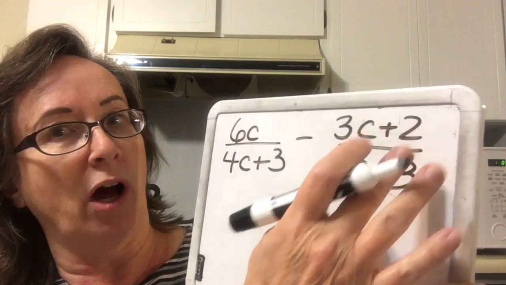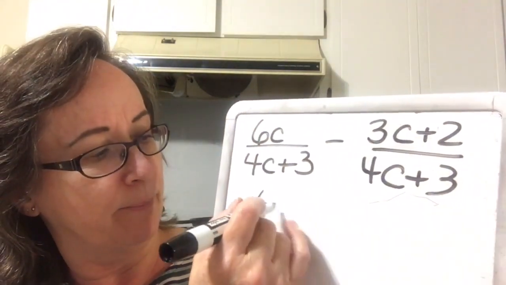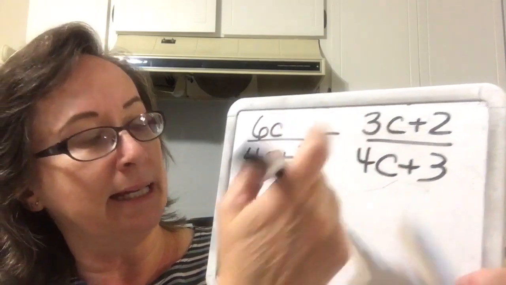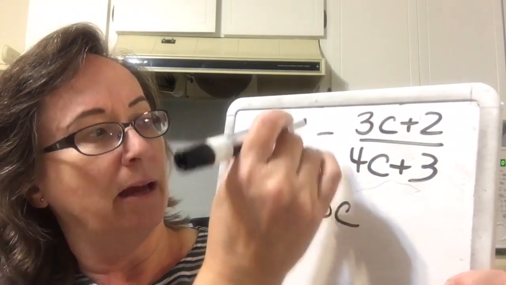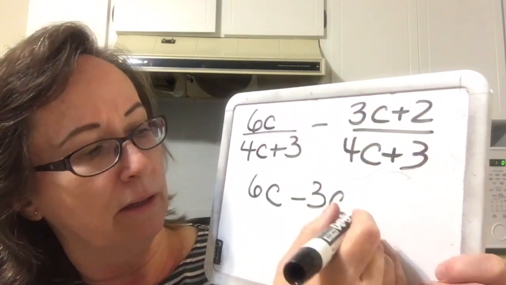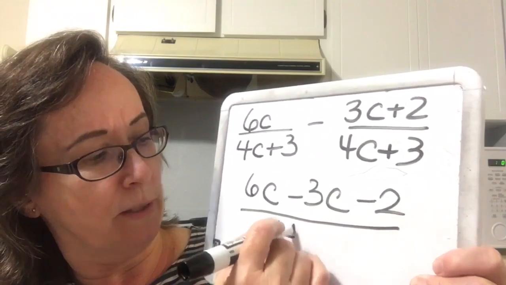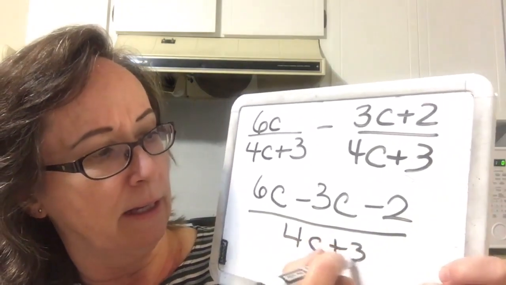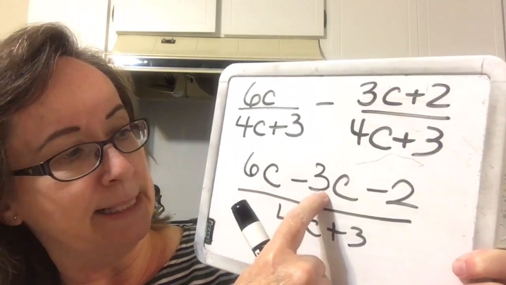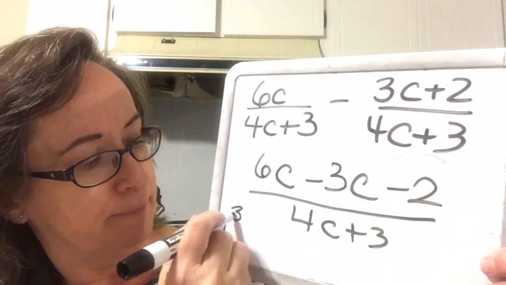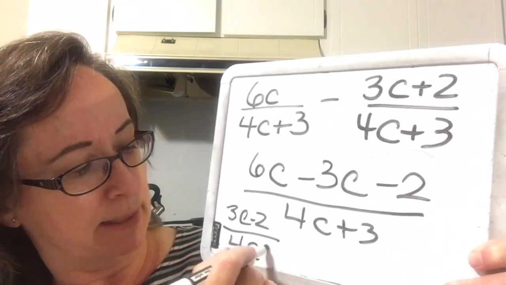So when I put all of that together with the minus sign, it's going to be 6C minus, that's a -1 times, so minus 3C minus 2 all over 4C plus 3. So that one would simplify to 3C minus 2 all over 4C plus 3.